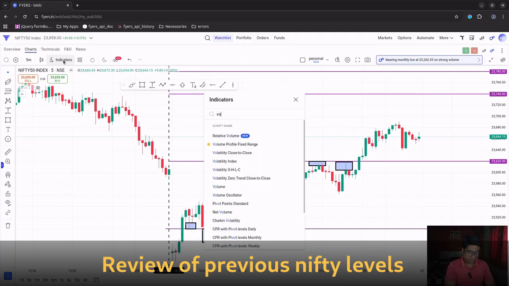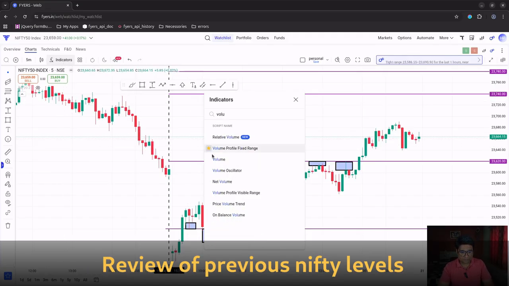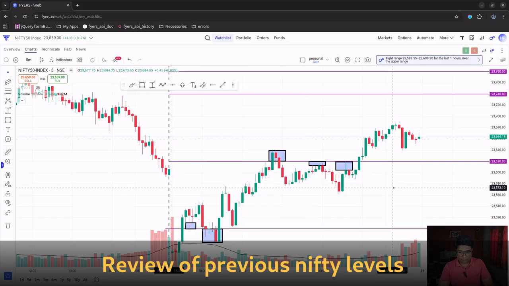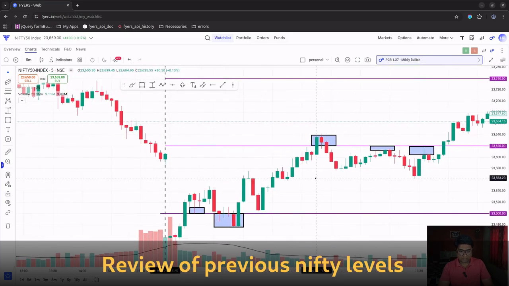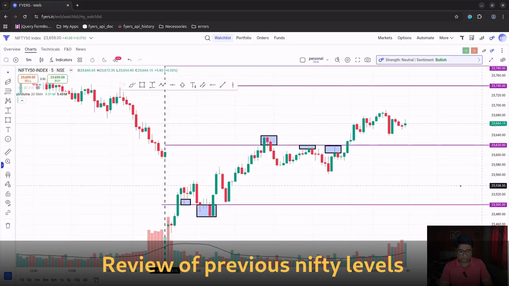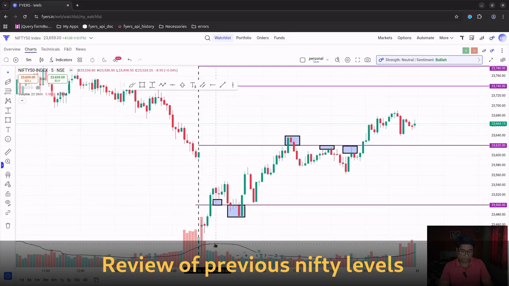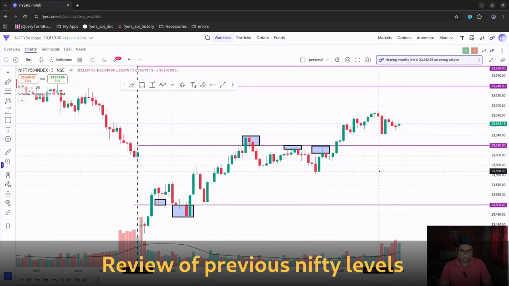So let me plot the volume. See, right here, the candle of breakout, and the volume, if you can see, is below the moving average. This is just for reference. This moving average line does not really work.